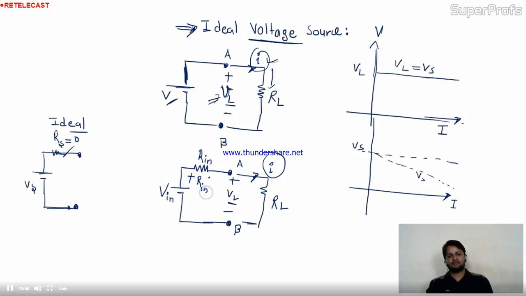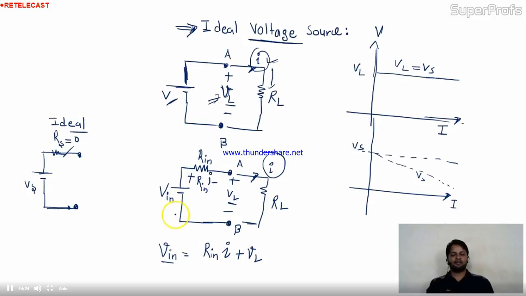That voltage drop will be Rin multiplied with I, simple Ohm's law. Now apply the KVL here. I can easily get the value of VL. Vin is nothing but the delivered voltage, and it is equal to the consumed voltage. Consumed voltage is Rin I plus VL. Like this. Is it okay to you people?